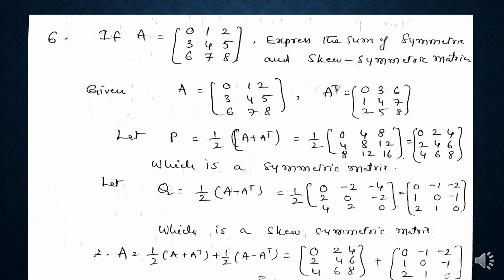Here half into A plus A transpose is P, that is the symmetric matrix, and Q is half into A minus A transpose, so this is the skew symmetric matrix. So the given matrix can be written as the sum of symmetric and skew symmetric matrices.